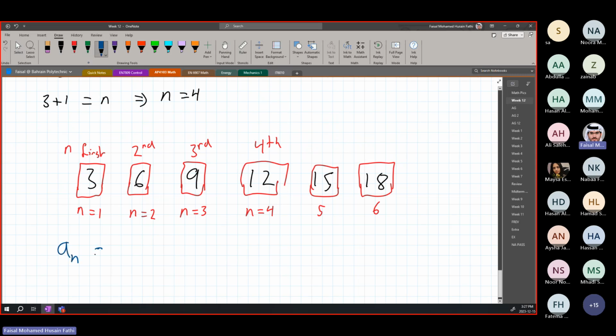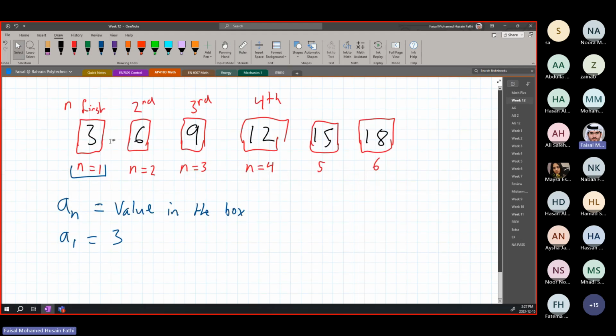An, this is the value at or in that box, you can say. In the box. So in this case, A1, when n is equal to 1, is equal to 3. This is the actual value inside the box. A2 is equal to 6. This is the A value, the value we want, the exact value inside.